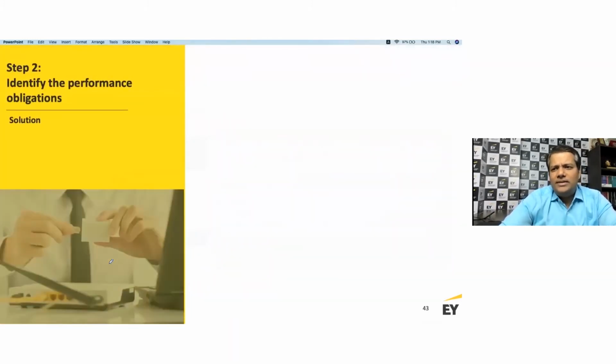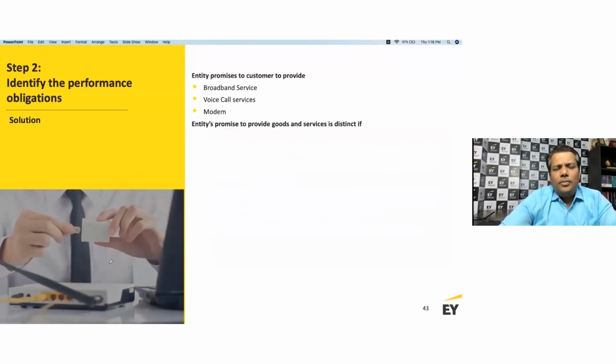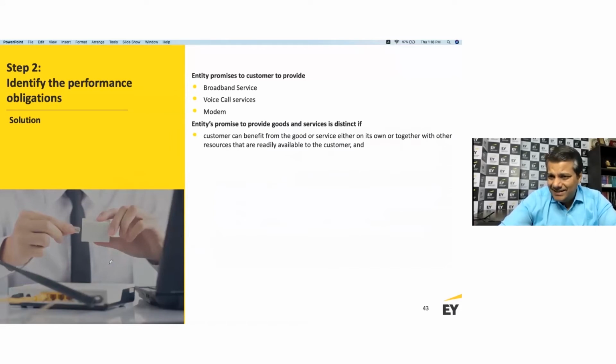So when I look at this in totality, what do I get? Broadband, voice, modem. Does the entity promise to provide goods and services that are distinct? Yes, if the customer can benefit from the goods or services either on their own or together with other resources that are readily available to the customer. And is the promise to transfer the goods or services separately identifiable?